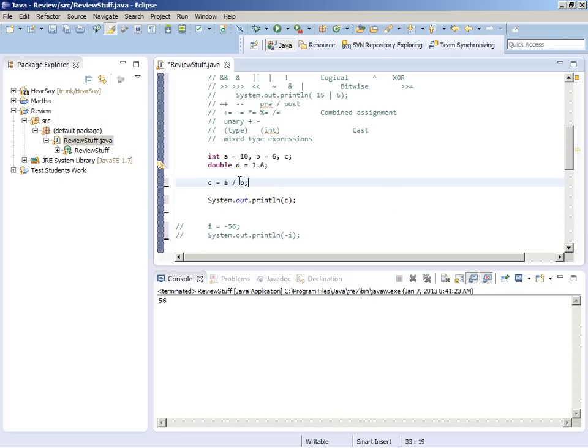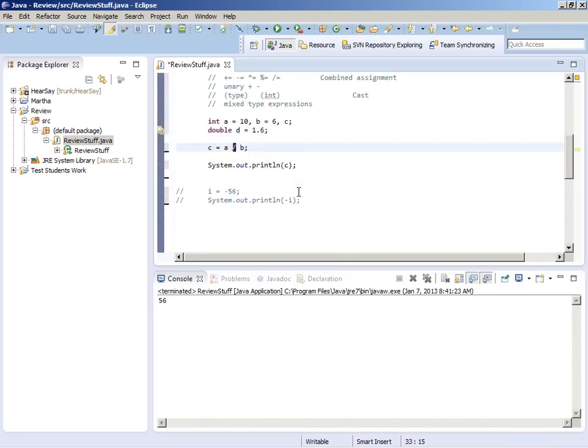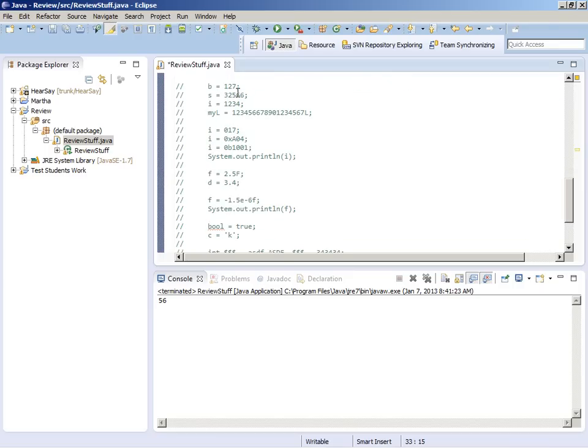So here's the interesting thing about operators. We talked about things having data types. So variables have data types. Literals have data types. This is an int. This is also an int, but in binary in Java 7.